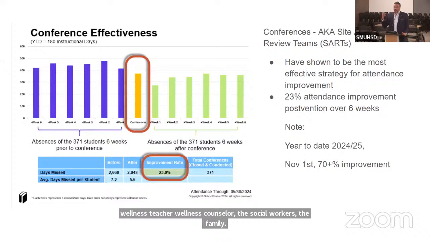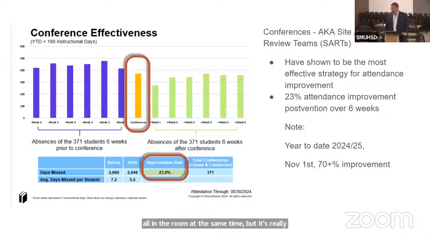But it's really important because we're seeing such great growth when we do for the first time for that family. And then we're also only seeing 10% of these families moving on to a higher level of intervention, like a site level, district level attendance intervention meeting.